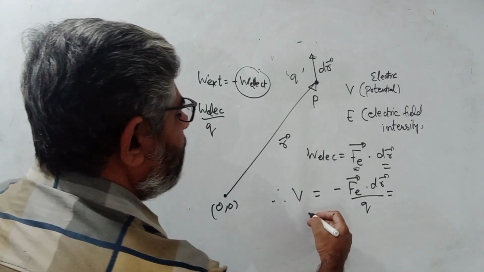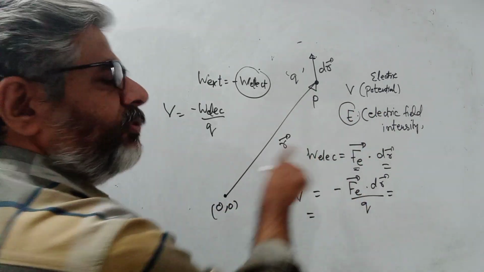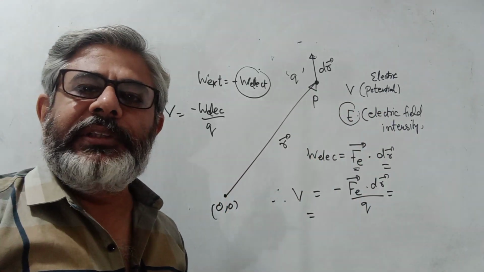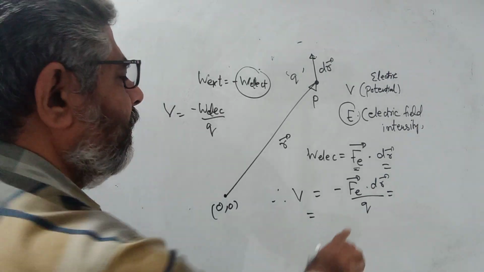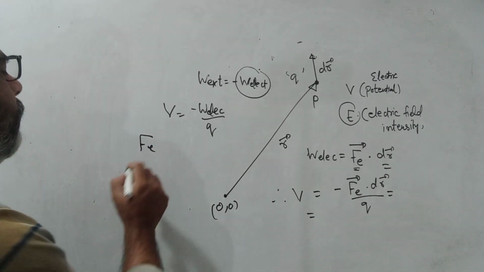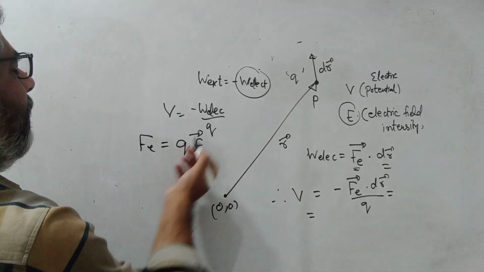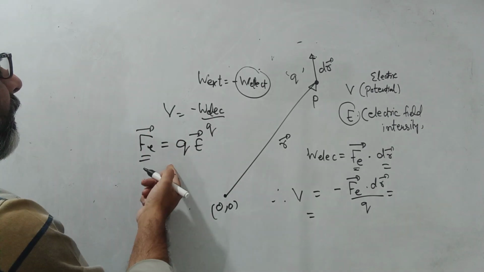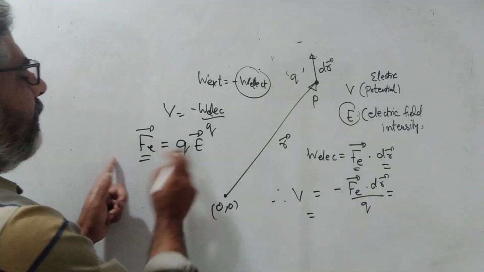But ultimately this electric field is related to this force. Electric field intensity you define as force per unit test charge. So this force you can write as Fe equals Q times E vector. This is the electrical force. Electric field intensity is force per unit charge, and force is charge into electric field.